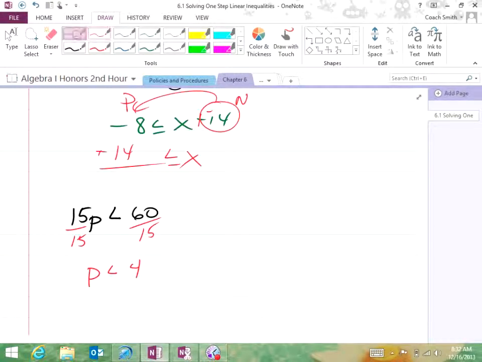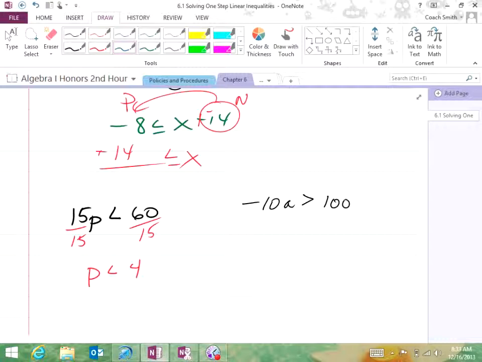Now, here's where it becomes a little bit different. Negative 10a is greater than 100. So how do I solve that one?